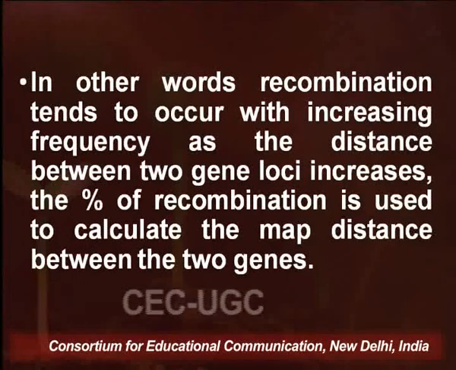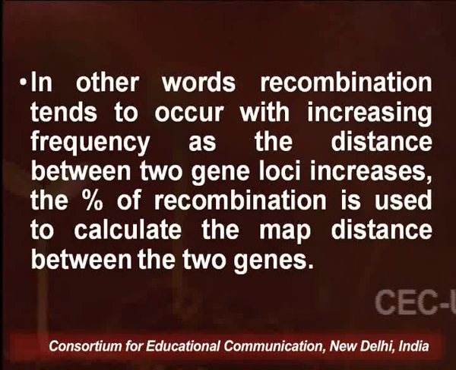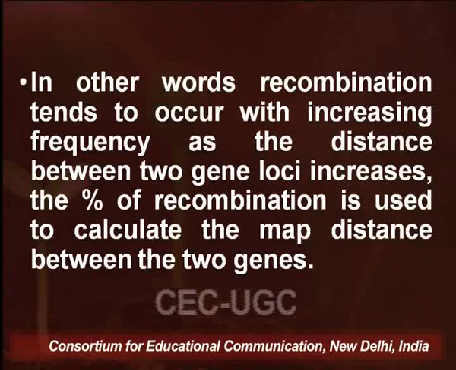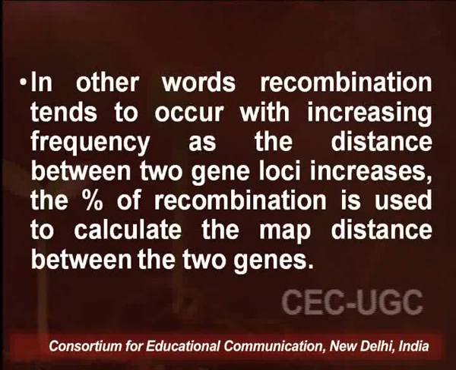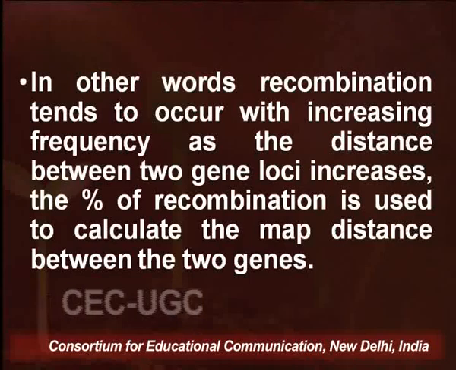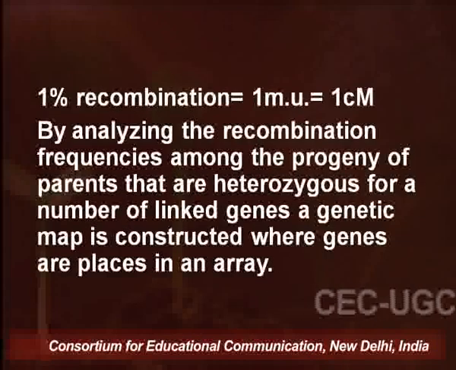In other words, recombination tends to occur with increasing frequency as the distance between the two gene loci increases, and therefore, it is this very parameter, the percentage of recombination, which is used to calculate the map distance between the two genes. That is important.